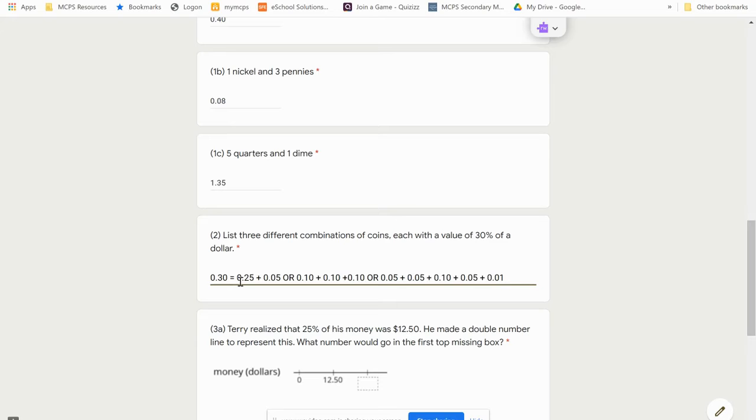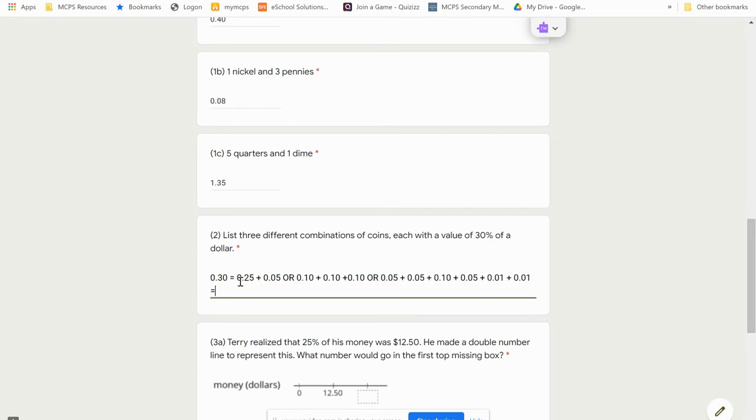So we got 5, 10, 20, 25, 26, 27, plus another penny plus a penny. So that's 1, 2, 3, 4.